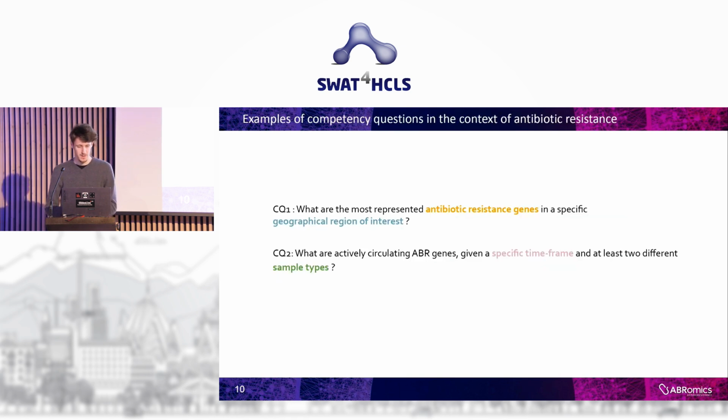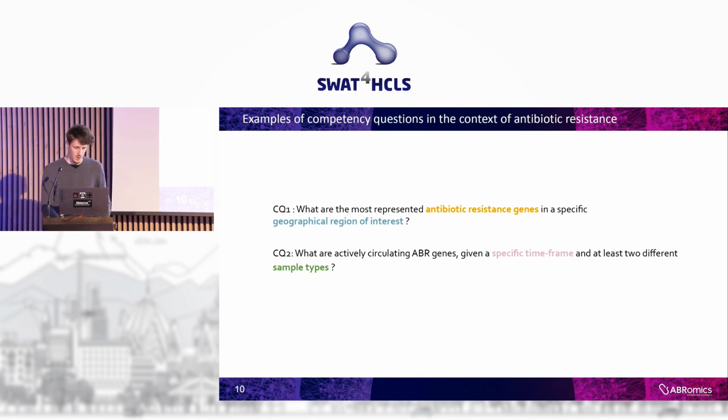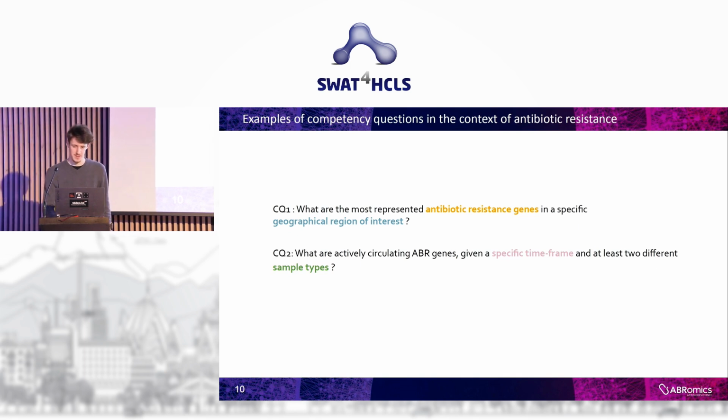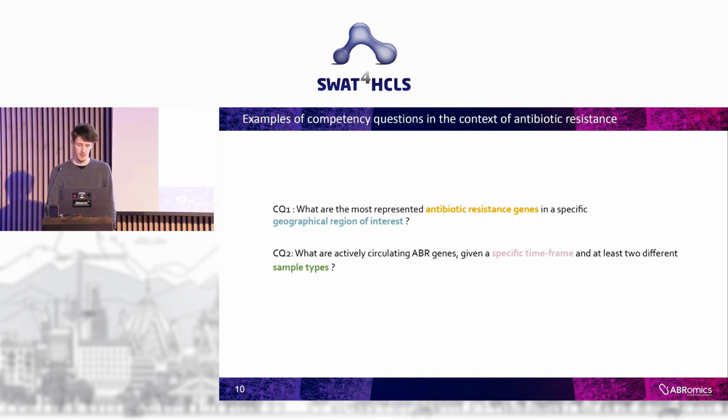To validate the instantiation we made of this knowledge graph, we asked biologists which competency questions we can use to measure its performance. The first one is: what are the most represented antibiotic resistance genes in a specific region of interest?